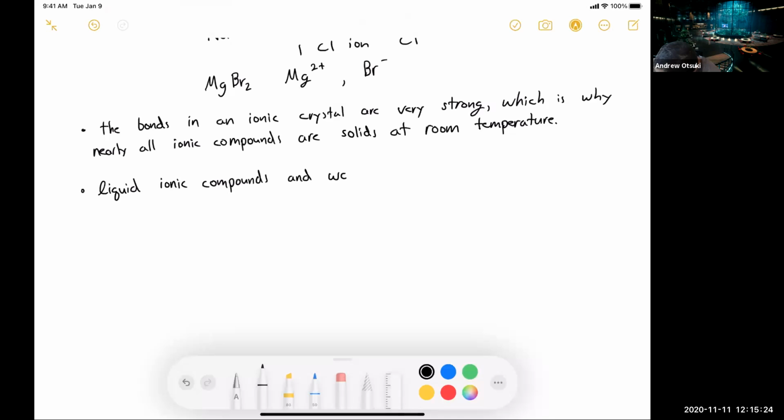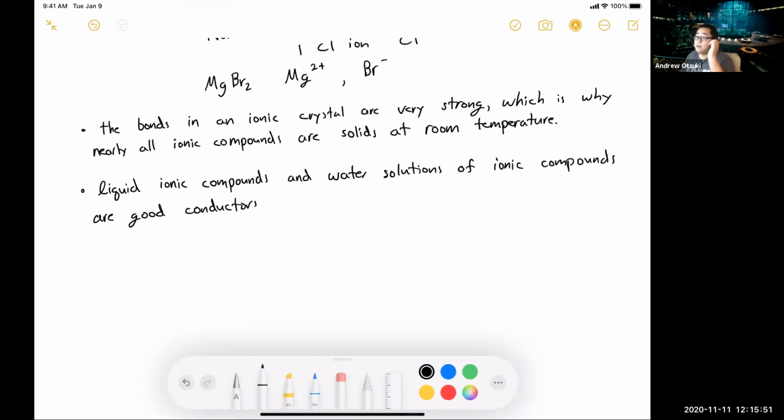And water solutions of ionic compounds are good conductors. So when these compounds are dissolved in water, they can form electrical charge, so they are good conductors in solution. All right.